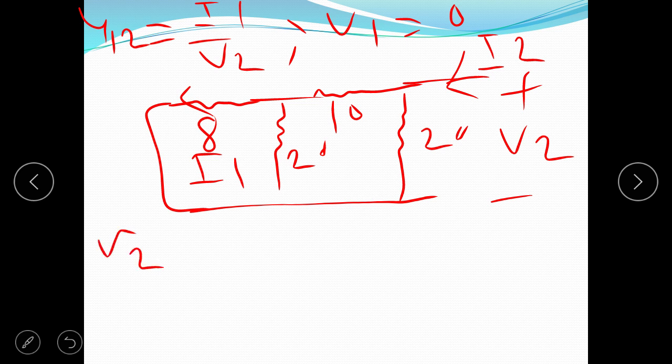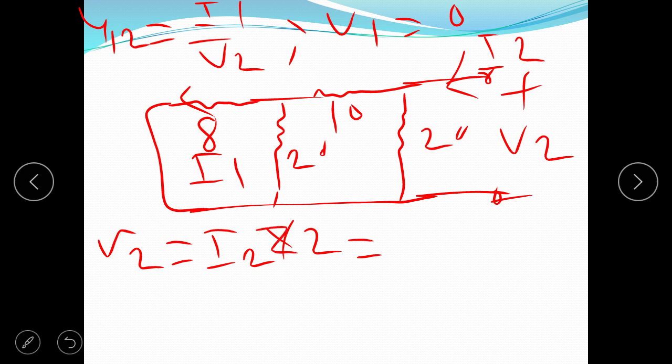So we can find V2 is equal to I2 into Z, where Z is the equivalent resistance of the circuit from the port 2 side. So after calculation we obtain the Z2 value, which is 225 upon 7 of I2.